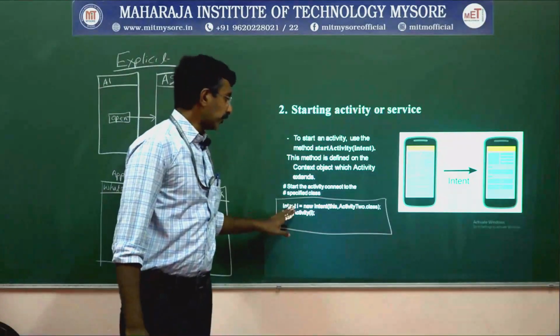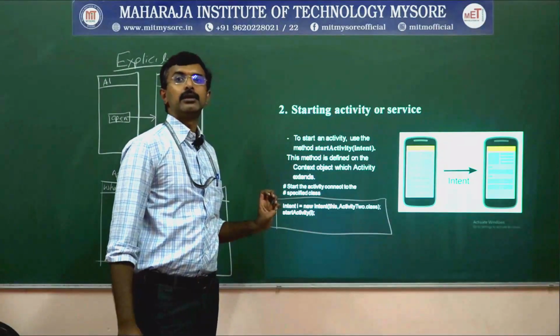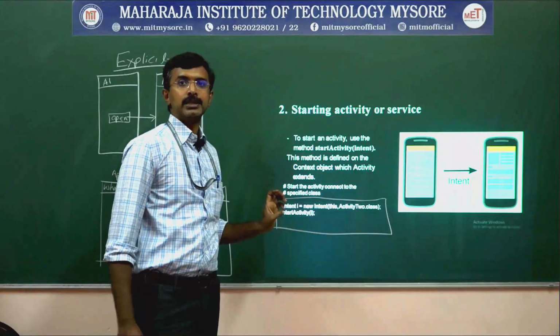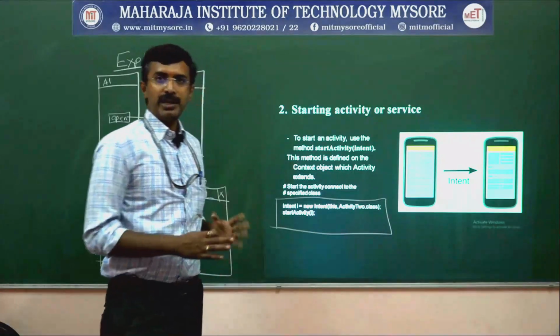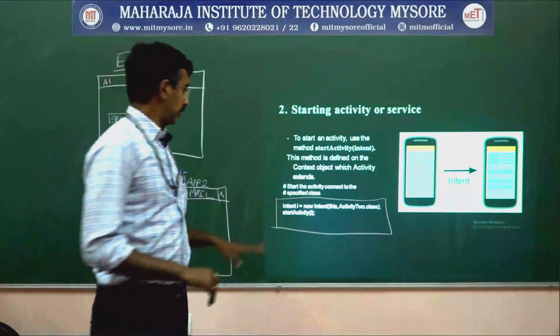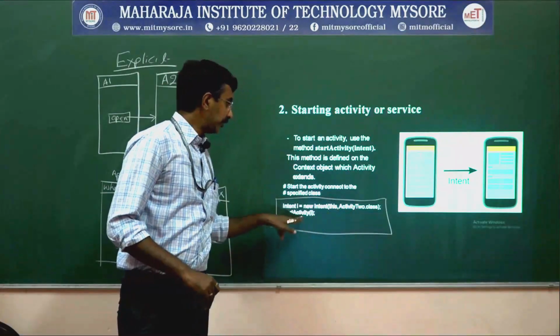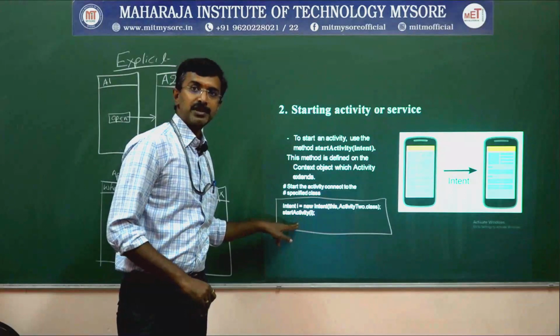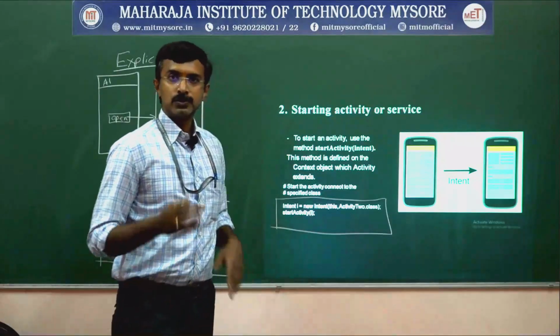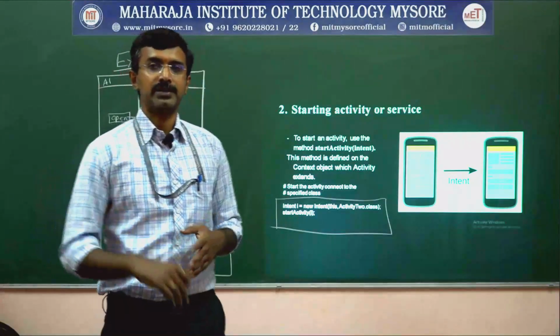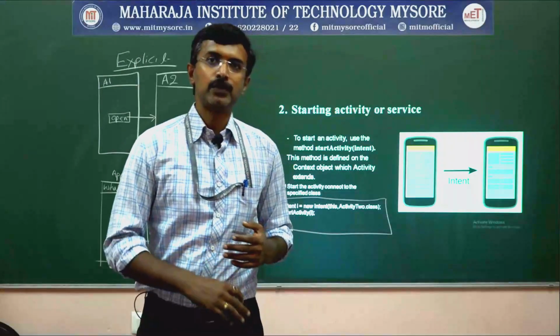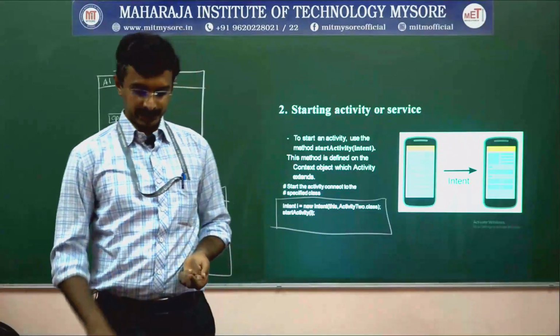So you are going to make use of the Intent class and objects to navigate from one activity to another activity. After writing this code, you will be starting the activity. At that point of time, it will open the next activity.